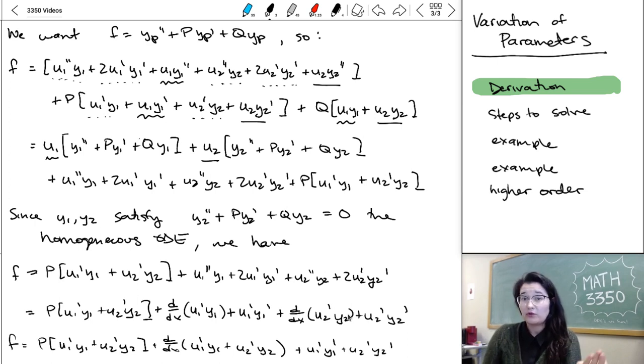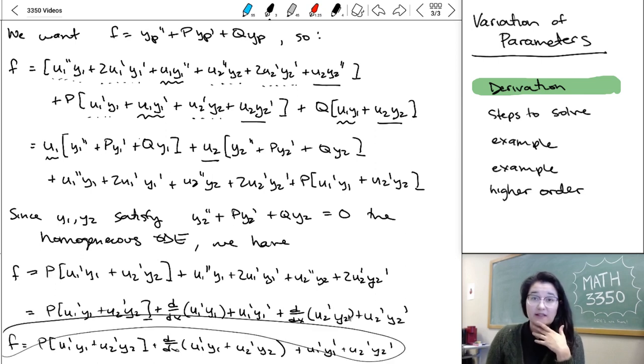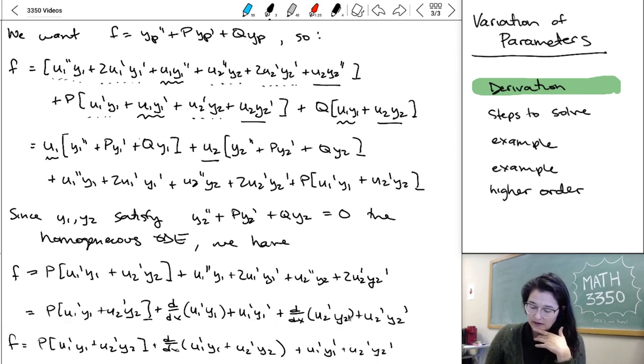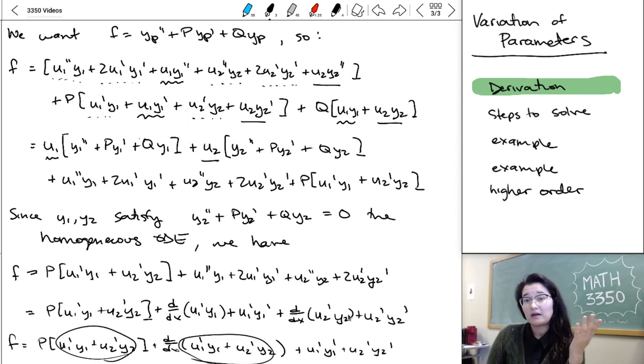Okay, so bear with me for just a second. Solving this equation would be very complicated, but we're going to use an argument that, if f is equal to all this stuff, then if this term, which is the same when it's multiplied by p, and it appears taking a derivative, if that thing was 0, both those terms would go away.